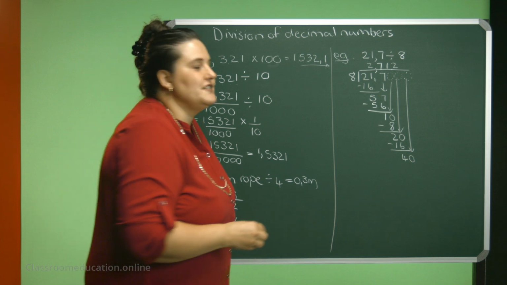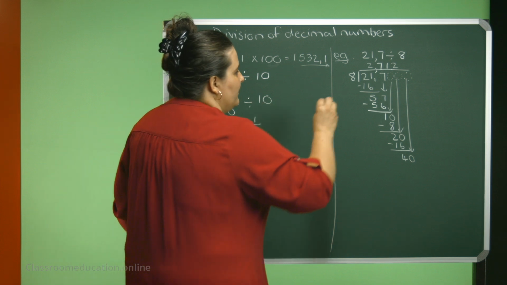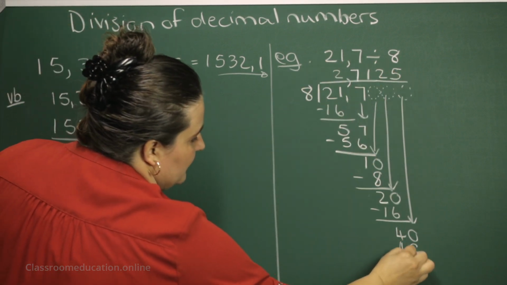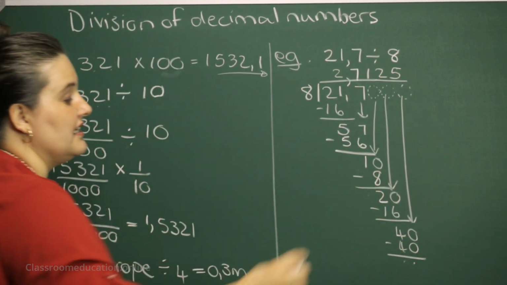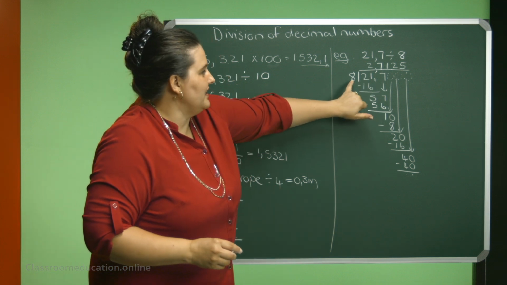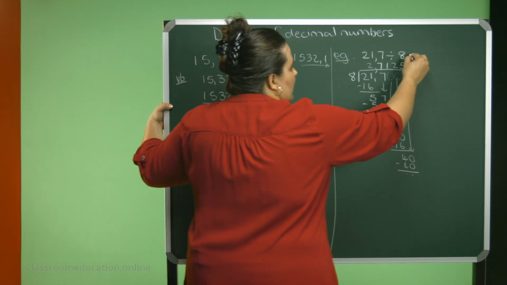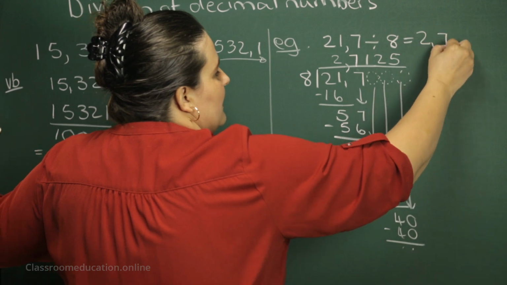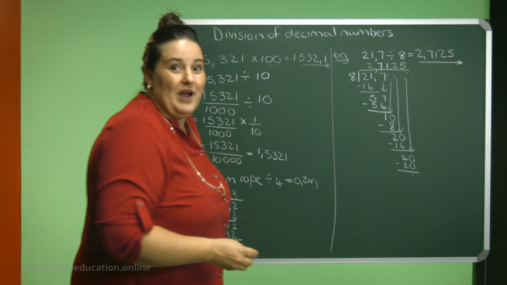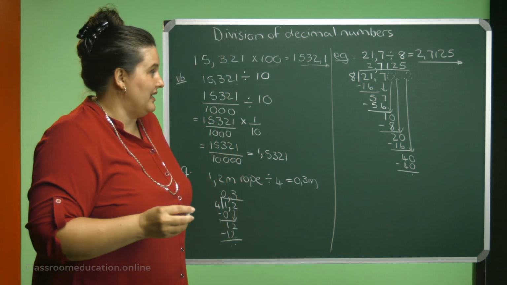Yes, 5 times exactly. 5 times 8 is 40. And if you get the difference, it will fall away. So 21,7 divided by 8 will give you an answer of 2,7125. Well done if you kept up with me here.